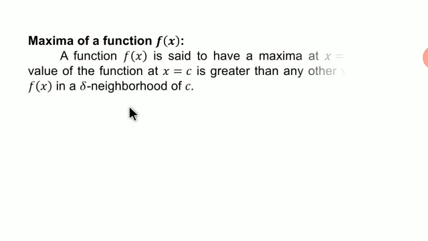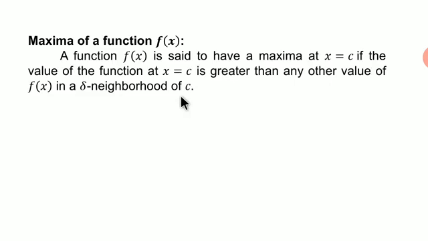Now the next topic in this chapter is maxima of a function. A function f of x is said to have a maxima at x is equal to c if the value of the function at x is equal to c is greater than any other value of f of x in a delta neighborhood of c.